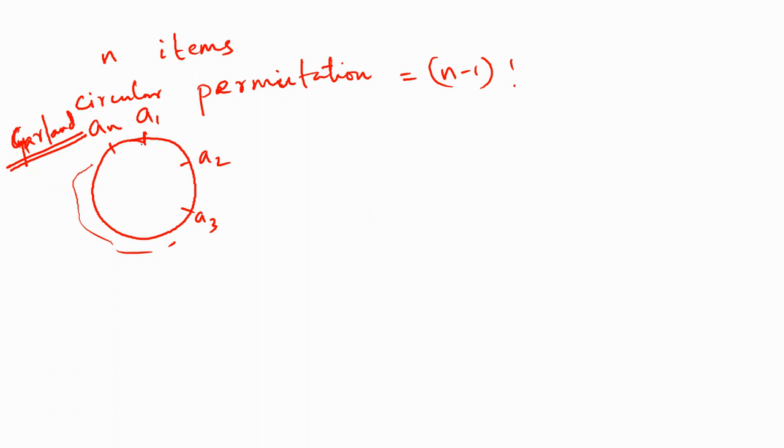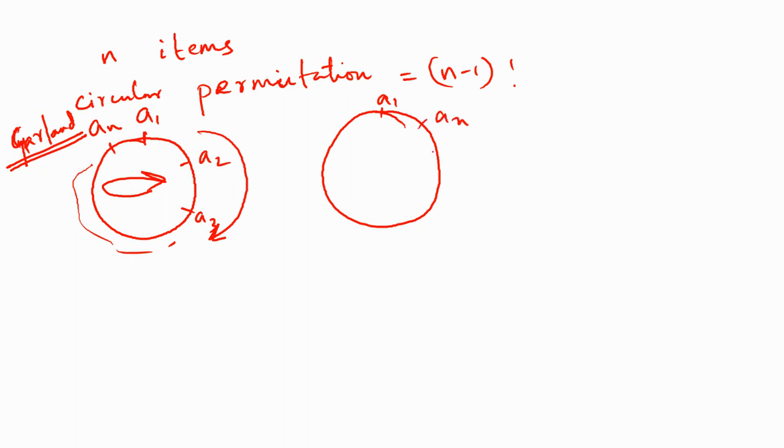Okay, so you see, it's a garland. It doesn't matter if it is clockwise or if you just rotate this thing completely. Let's say this is a1 and this is an minus 1, and so on up till a2 here.